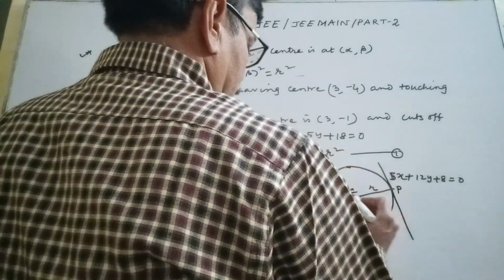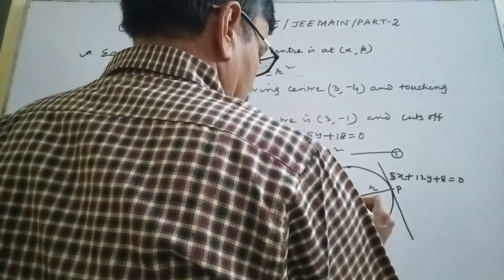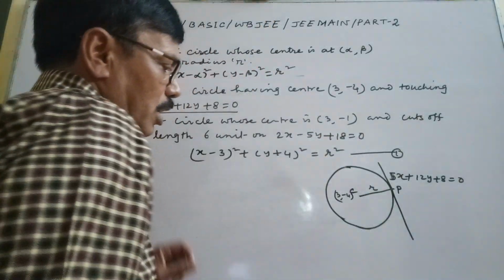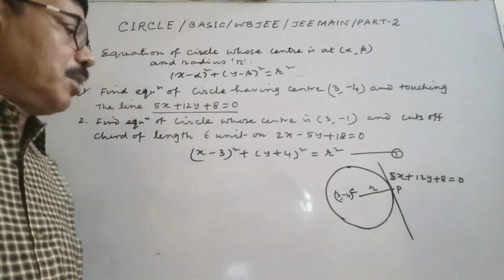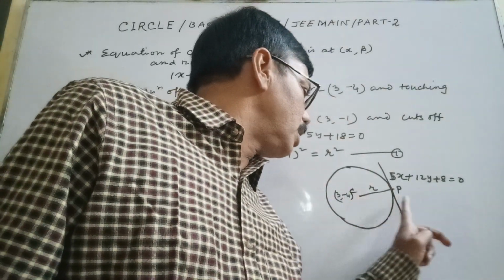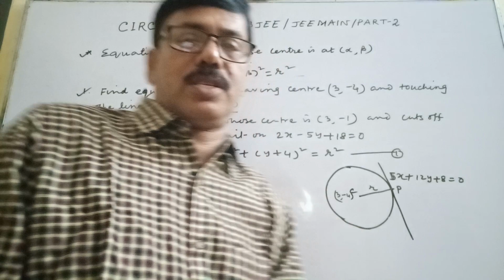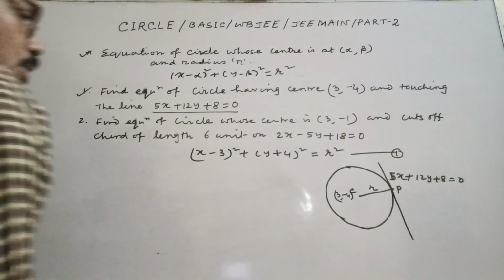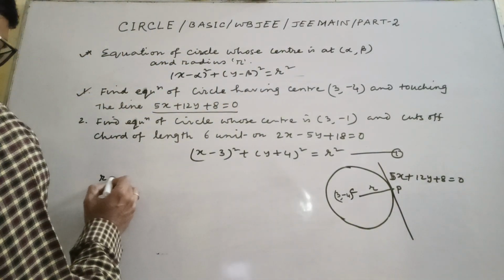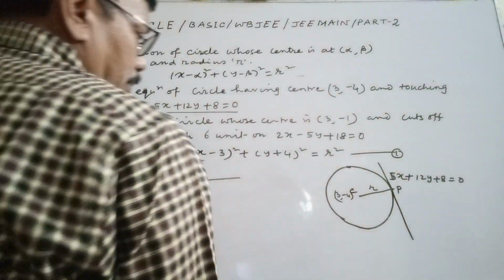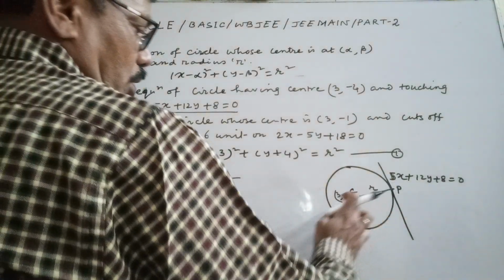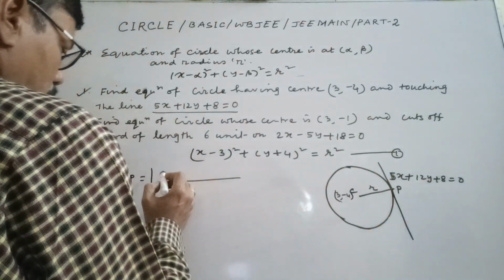What is center? (3, minus 4). Now radius is obtained if we find perpendicular distance from center to the tangent. So what is r? r equals to CP equals to mod perpendicular distance from (3, minus 4).